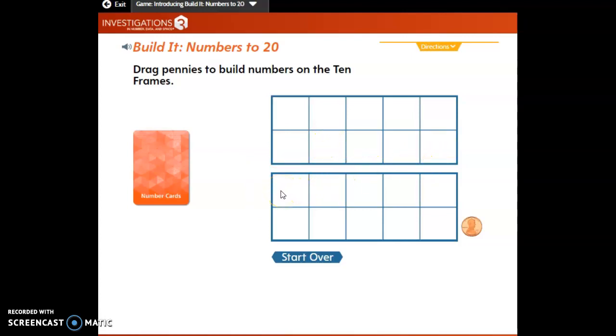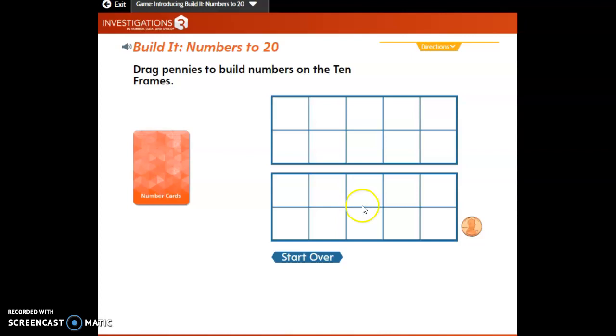After 10 comes 11, 12, 13, 14, 15, 16, 17, 18, 19, 20. Wow, I have 20 spots. I have 20 circles. So I have two 10 frames, and these two 10 frames equal 20.